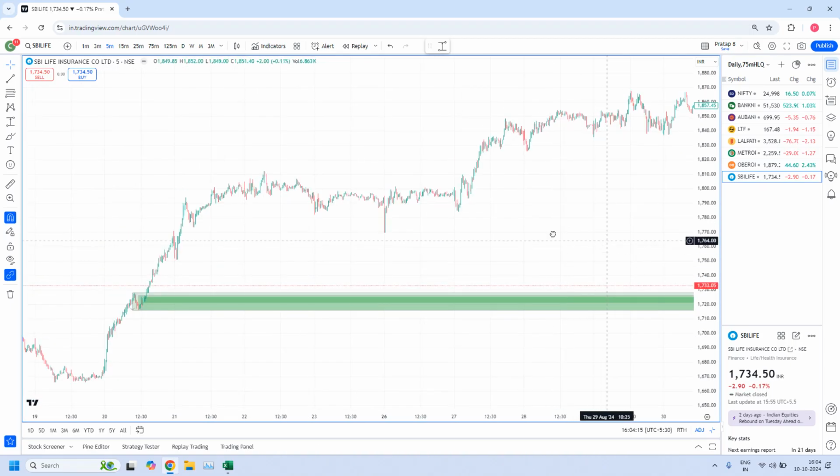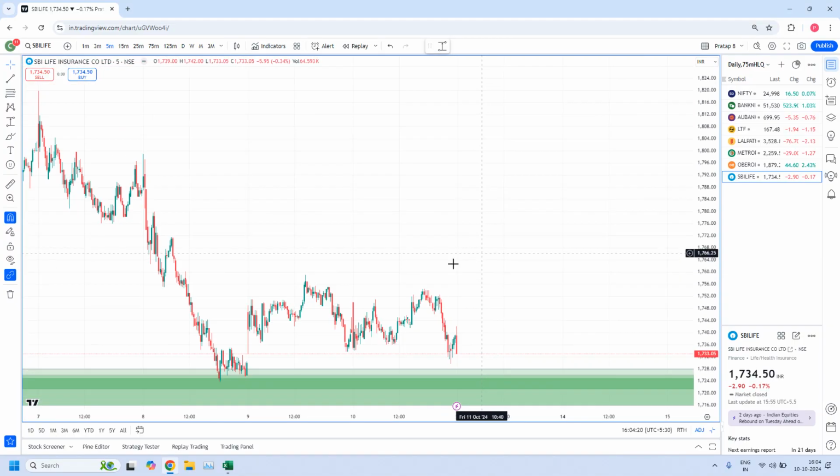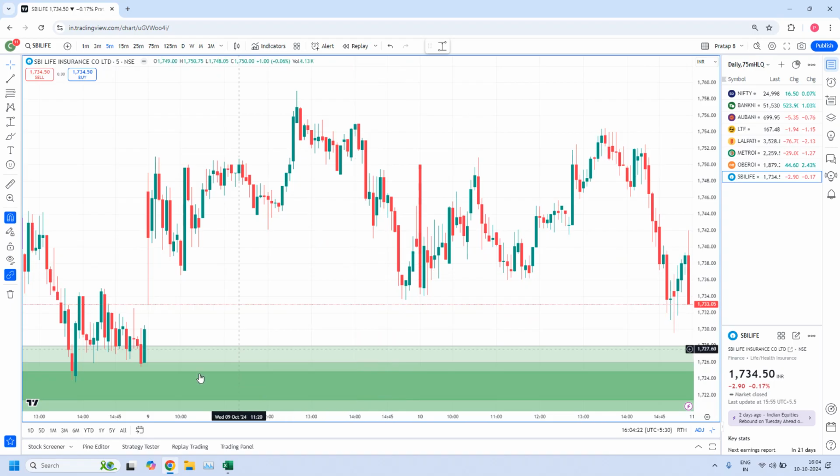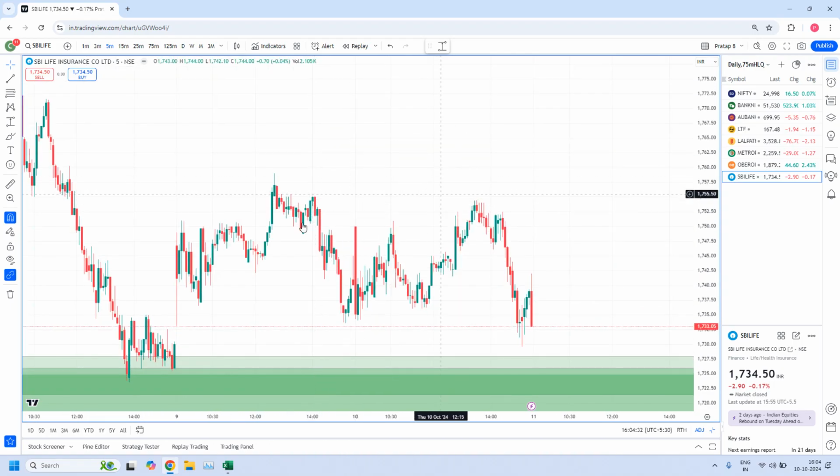But this zone was already tested recently. I think recently means yesterday only. Yesterday prices entered and after that see the movement. And today it continued further up. Anyway, prices did not enter into this zone.